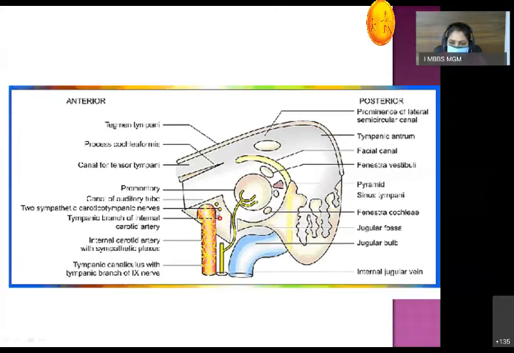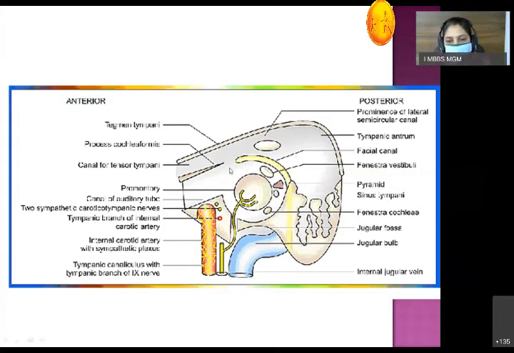It forms the posterior wall of the carotid canal, and is present in the anterior wall of the lower part of the tympanic cavity.